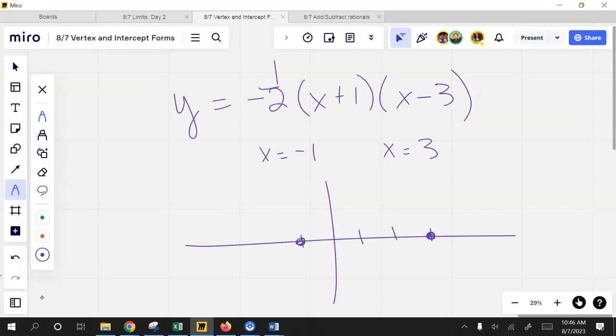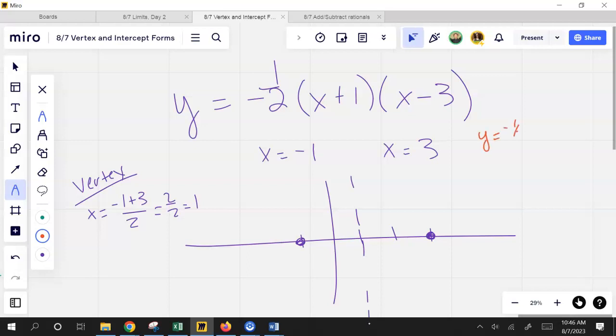All right, now I need to find exactly in the middle. This was easy. You could technically count until you get exactly to the middle. But I'm going to go by the formula that we had, and I'm going to add and divide by 2, just so I show you that it works. So 2 divided by 2 is, of course, 1. So there's my axis of symmetry. How do I find where on this axis it occurs? Plug it in. That's exactly right.